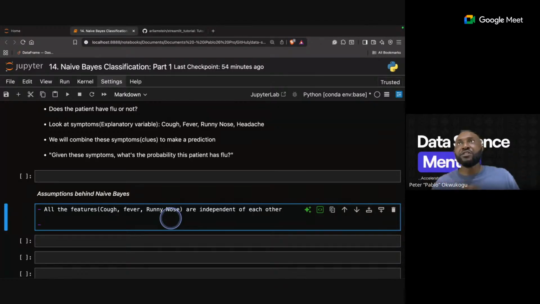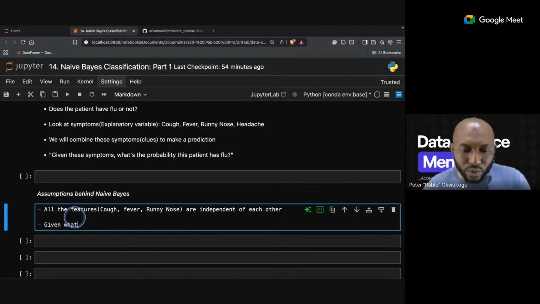Just like I mentioned earlier, the conditional probabilities of something that has happened in the past. So there's an assumption that given what we know, what is the possibility that this is possible?